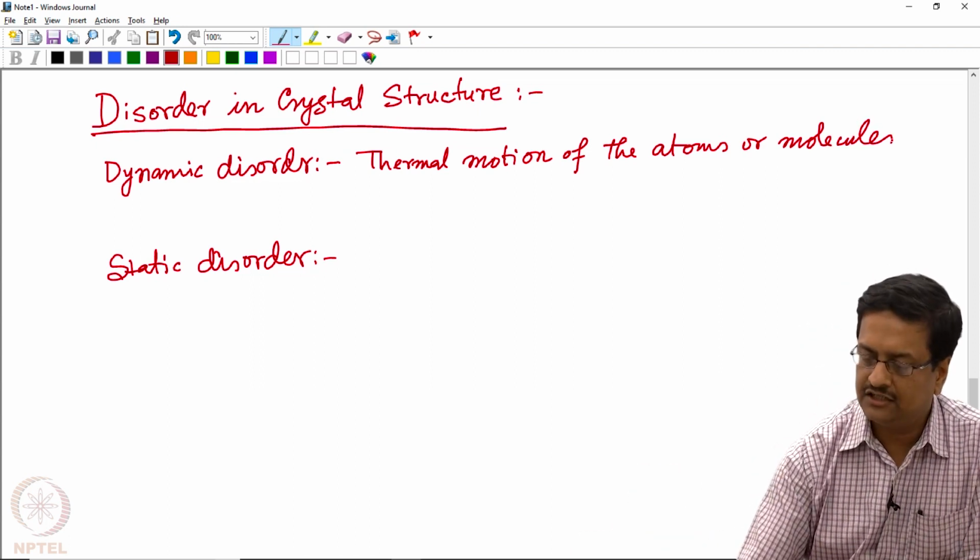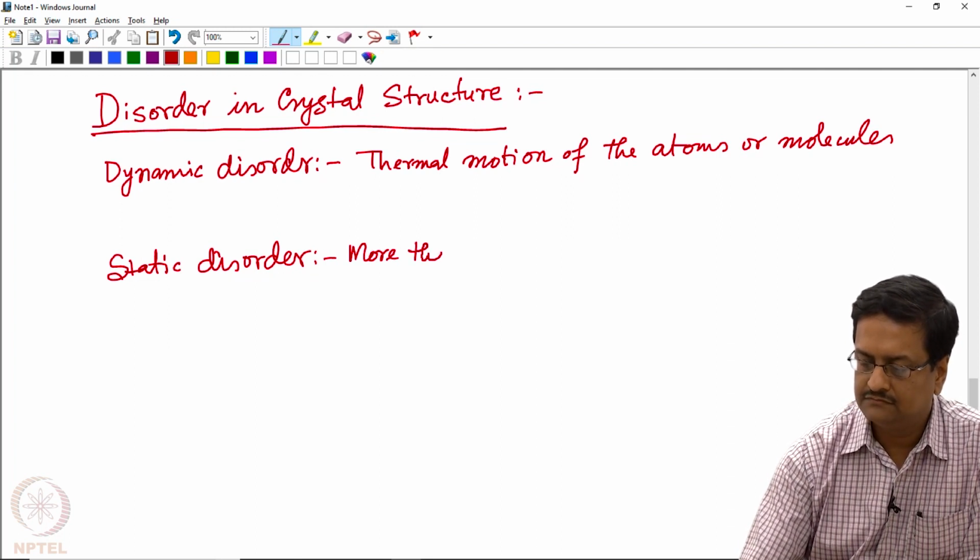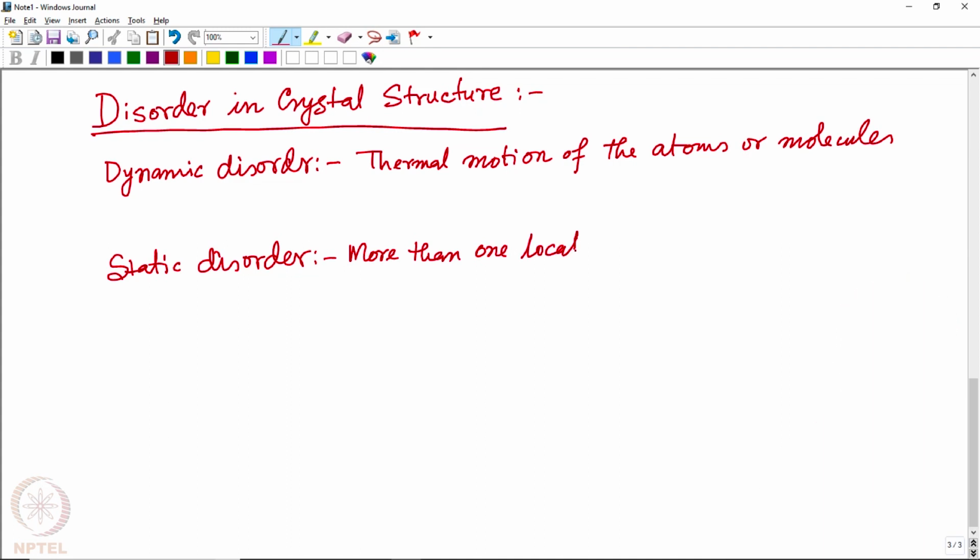And static disorder means more than one location or orientation of an atom or a molecule or part of it.